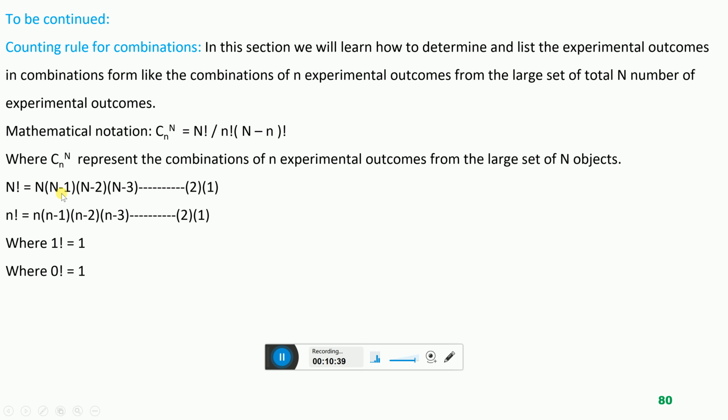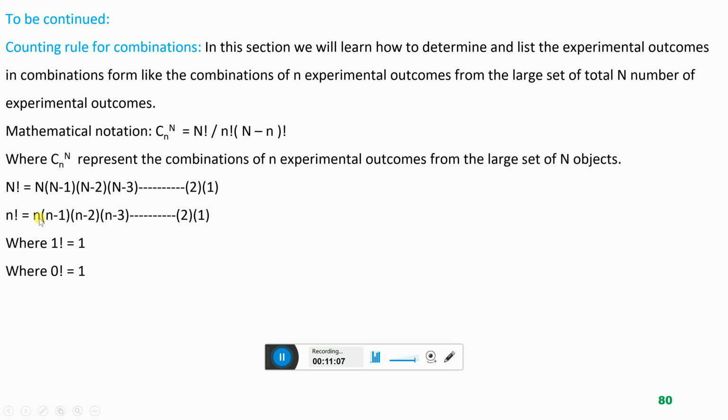So what does this N factorial represent? This is the expansion formula for N factorial. We can write N factorial like this: N factorial is equal to N multiplied by (N minus 1) multiplied by (N minus 2) multiplied by (N minus 3), and so on until we reach 3, 2 and finally 1 or even 0.